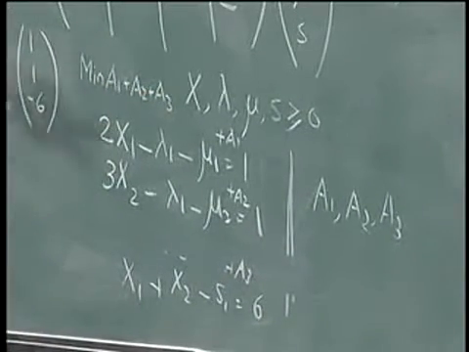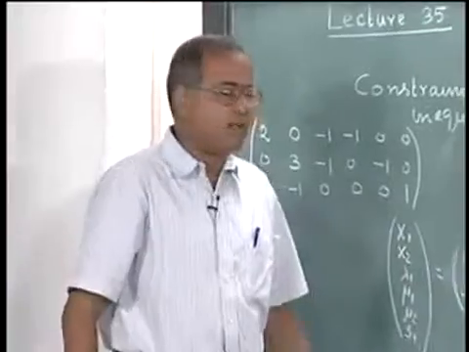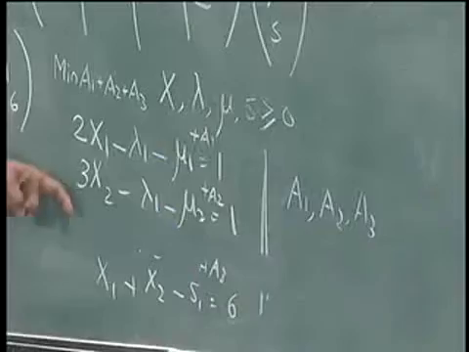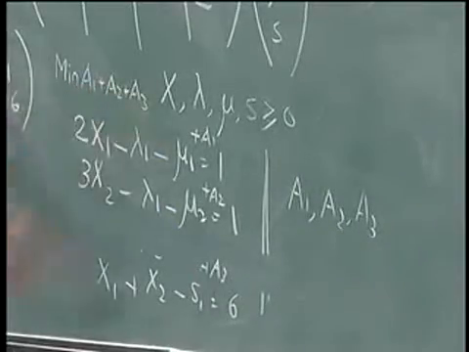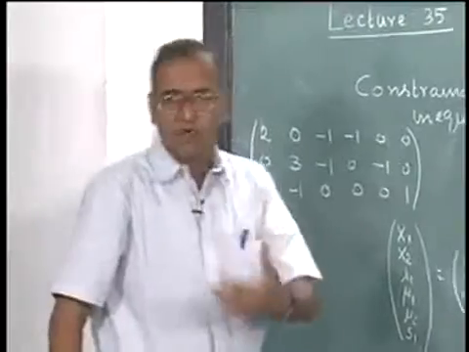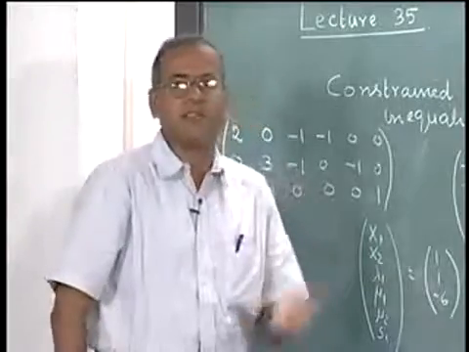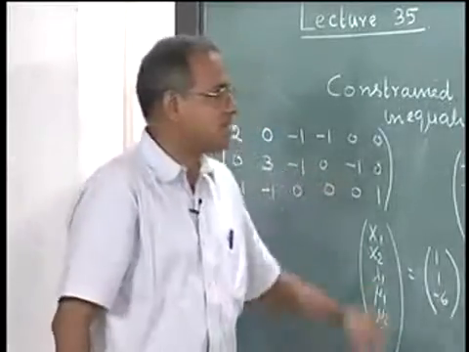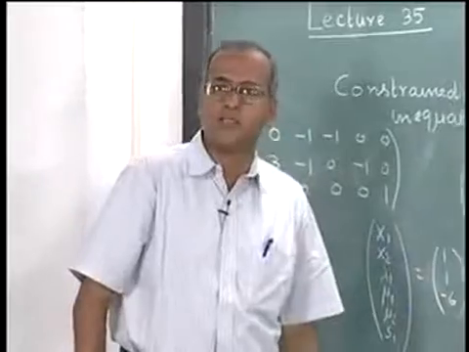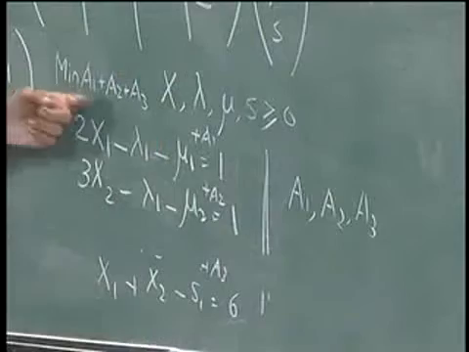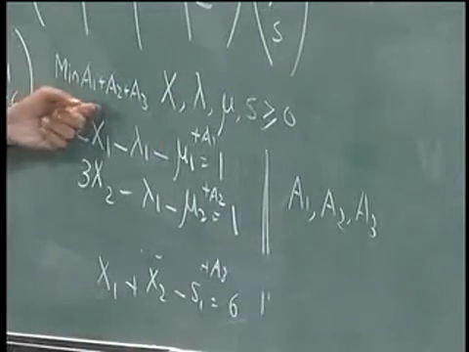So this is like the two-phase method, where finally if we get a solution with z equal to 0, a1, a2, a3, which are currently the beginning basic variables, are out of the basis. So some 3 other variables get into the basis, and since all x, lambda, mu, s are greater than or equal to 0, the moment we get a solution with z equal to 0, we have reached the optimum.